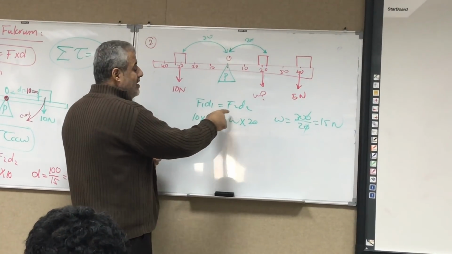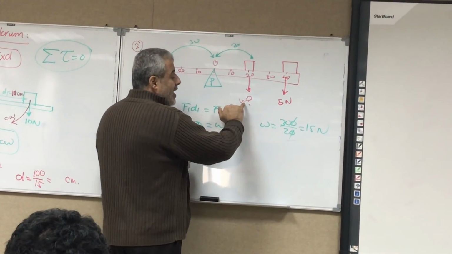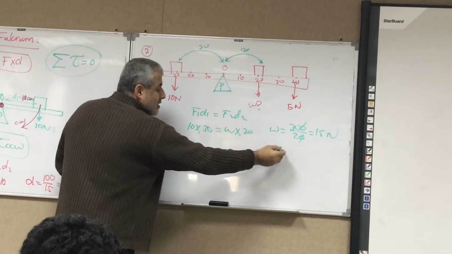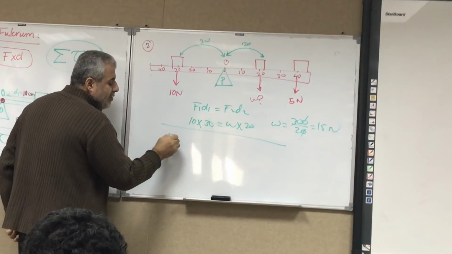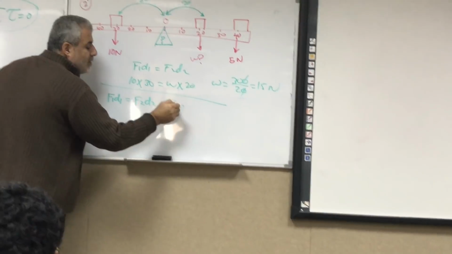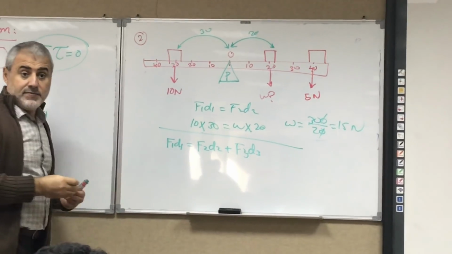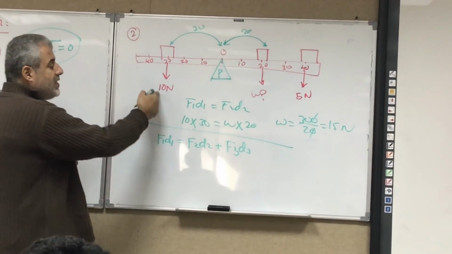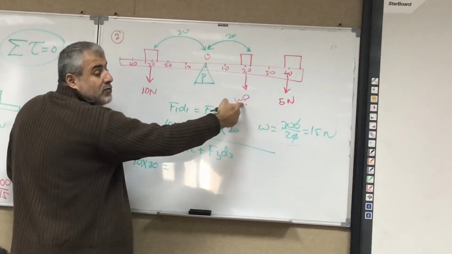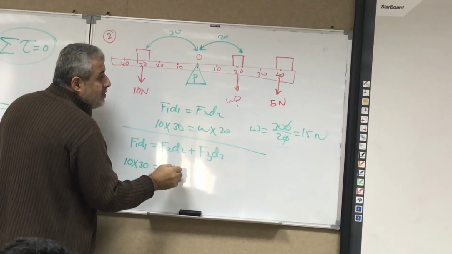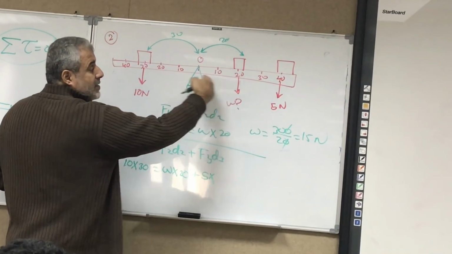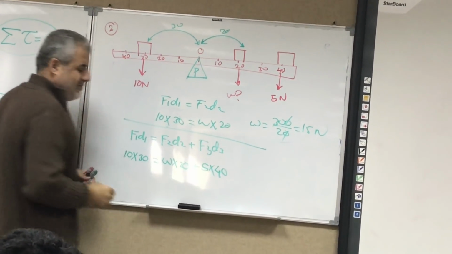In this case, I'm going to say F1 D1 is equal to F2 D2 plus that of the third force. That's simple, yeah. So see what I'm going to do. I will write here, F1 D1 is equal to, we have 3 forces now, not 2 forces. So precisely, F1 is 10 times 30 equals W times 20 plus 5 times, how much is it? 40.